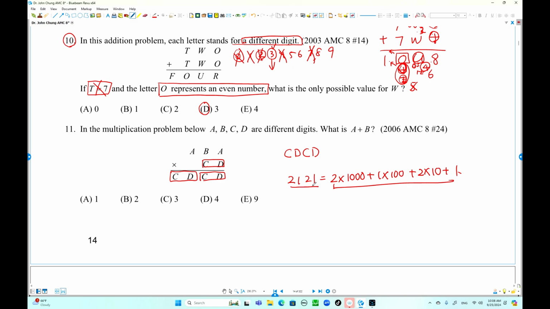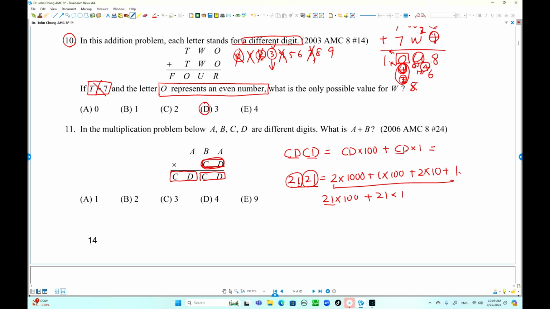Another way, you can use two digits each time like a bundle. 21 times 100 plus 21 times 1. Same thing, right? So I'm going to use that skill. CD times 100 plus CD times 1 equals CDCD, okay?